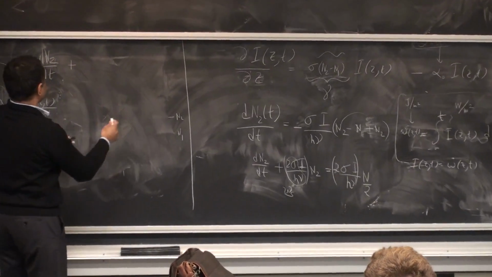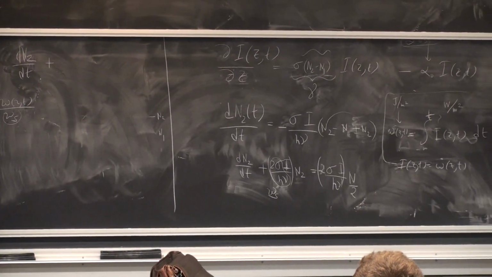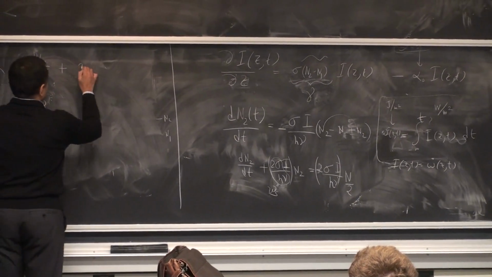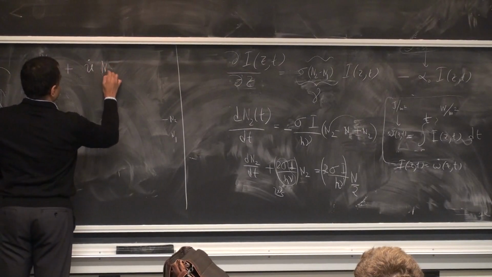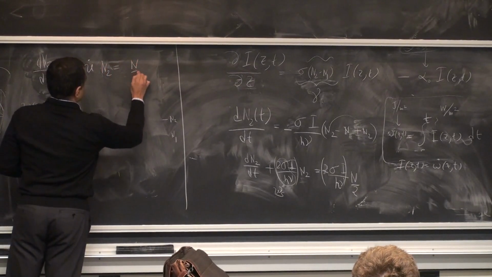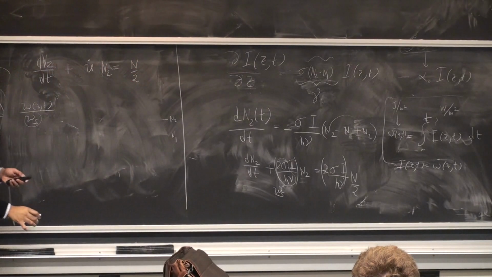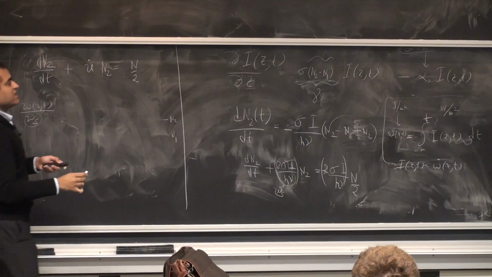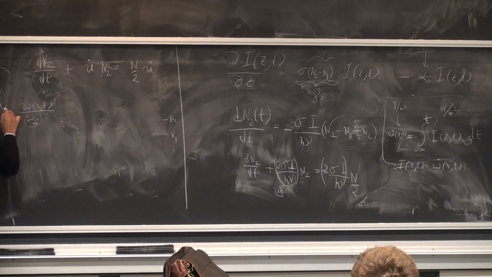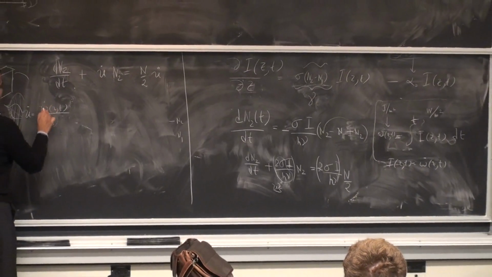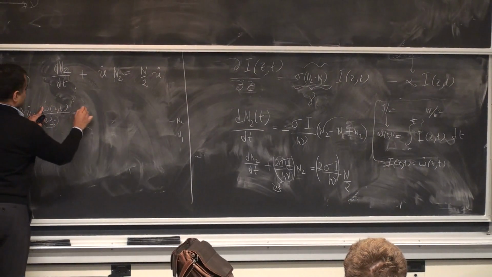So your equation becomes much simpler: u dot times n2 is equal to n over 2 times u dot. Remember, this is our u, and u dot would be the derivative of that, and that would just be intensity.